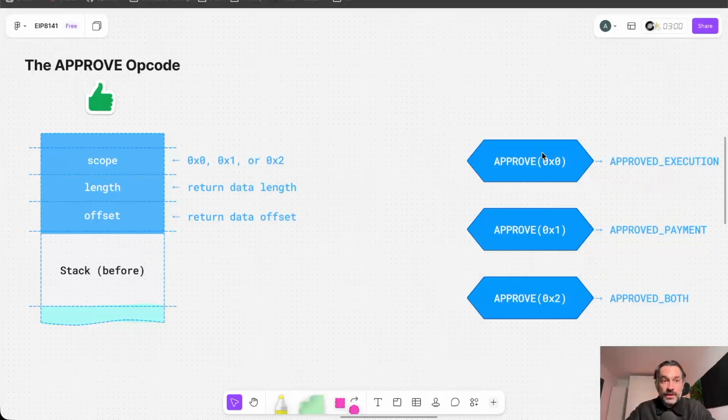The sender-before-payer rule is also critical for sponsorship. It means that the sponsor can inspect the transaction, read the sender, check their token balance, and verify the frame structure, knowing the sender has already authenticated. So the sponsor is making a payment decision based on a verified identity.